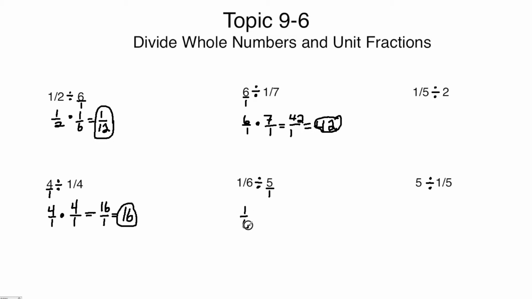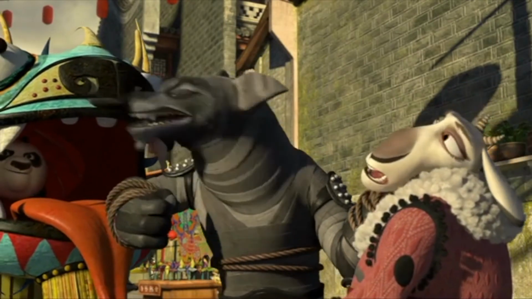So leave the first fraction alone, change division to multiplication, and flip the second fraction. 1 times 1 is 1. 6 times 5 is 30. So our answer is 1/30. Did you get that one? Great job.